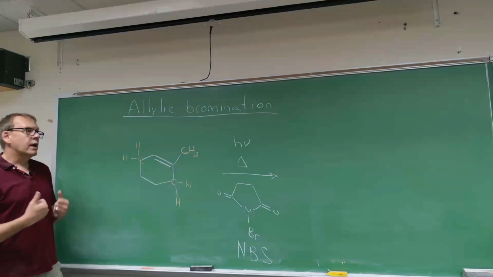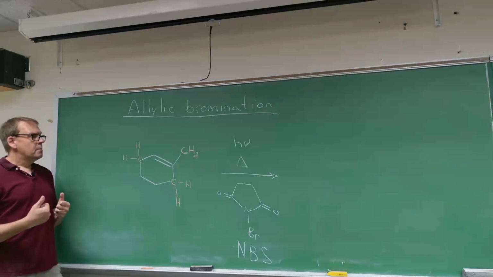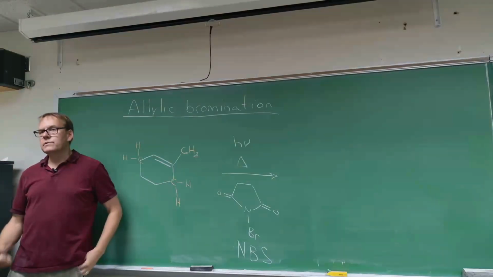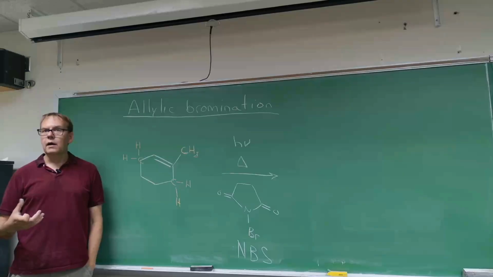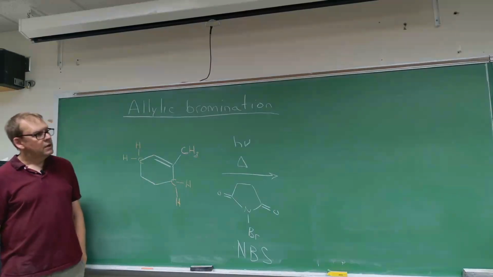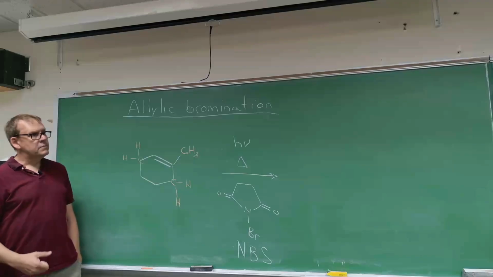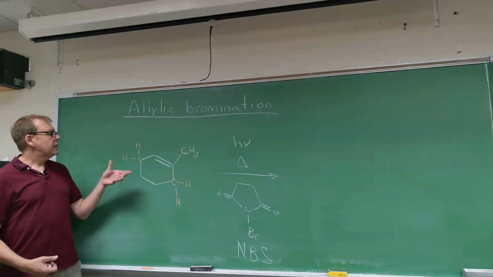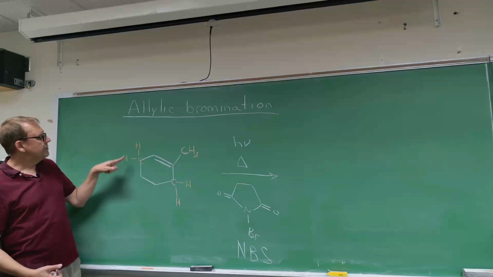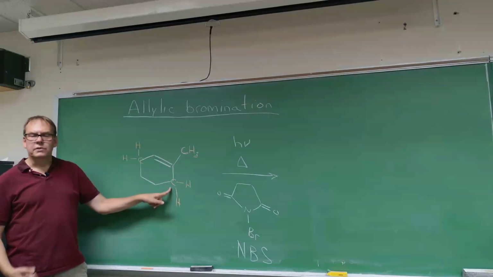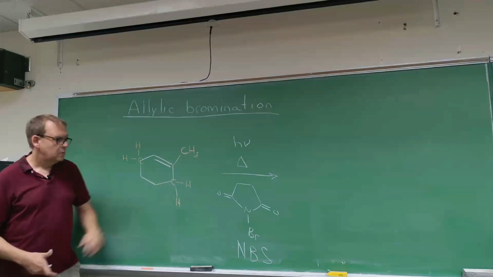So what I would recommend doing first is predict all the allylic radicals that could form, because the products that you get come from radical intermediates at the allylic position. So let's figure out what are the radicals that we could get if we plucked an H dot off of this position or that position. Let's just draw all those out.